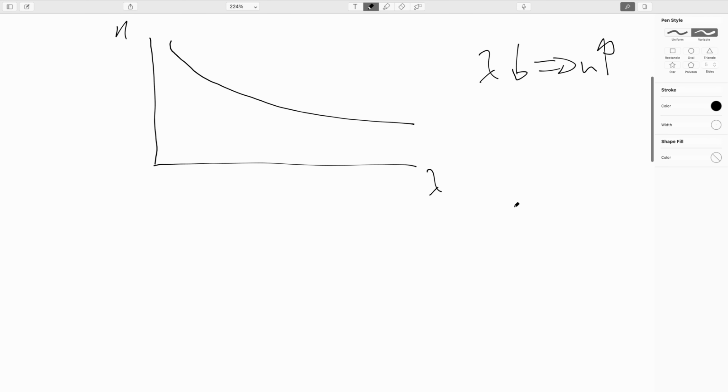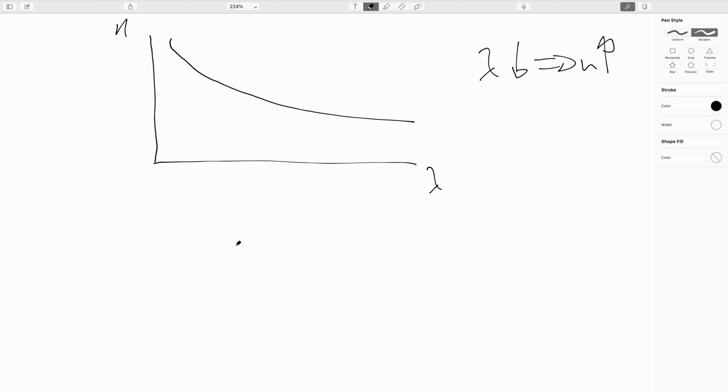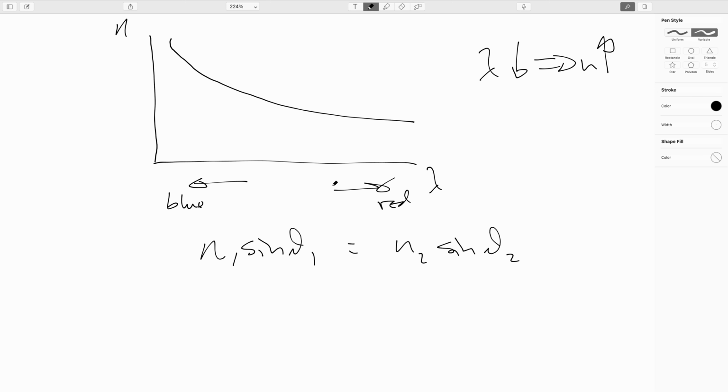So let's think about this from a Snell's law perspective. If I shine white light in, which is a combination of all the colors, that's going to be N1 sine theta 1, and that's going to equal N2 sine theta 2. Now, blue light is shorter wavelengths and red light is longer wavelengths.